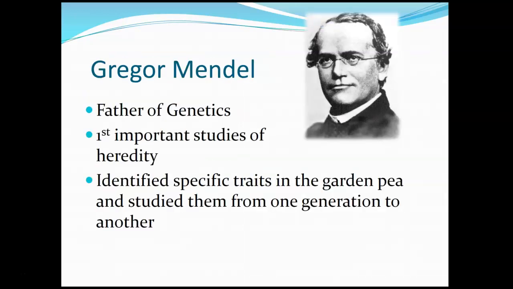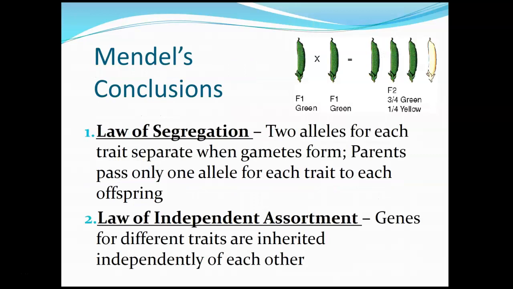Gregor Mendel was the father of genetics, and he did a lot of research on how genes are passed through generations. He specifically looked at garden peas and studied them from one generation to another. Through his research, he found the law of segregation: there are two alleles for each trait, and parents can only give one allele for each trait to the offspring.